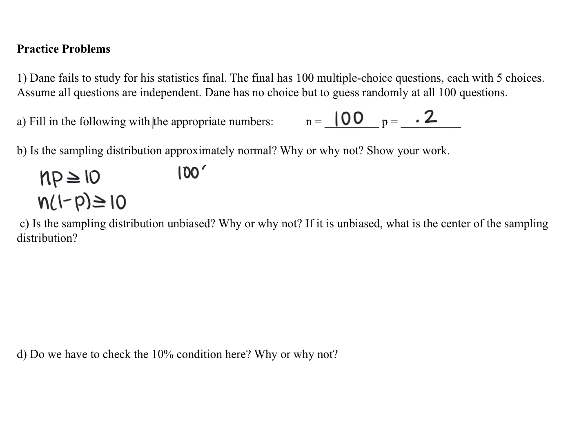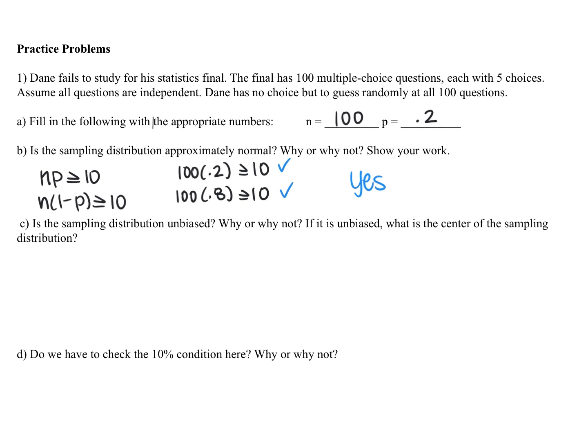So 100 times 0.2, and then 1 minus 0.2 is 0.8. So we need to check that 100 times 0.2 and 100 times 0.8 are both greater than or equal to 10. So 20% of 100 is 20, which is bigger than 10, and 80% of 100 is 80, also bigger than 10. So we can say, yes, our distribution is normal.